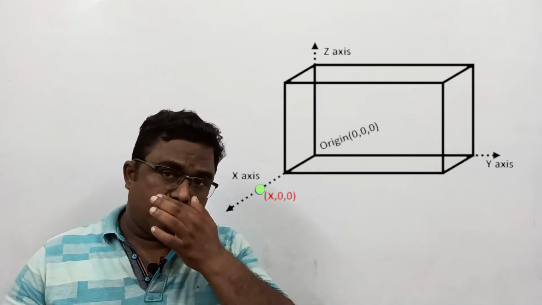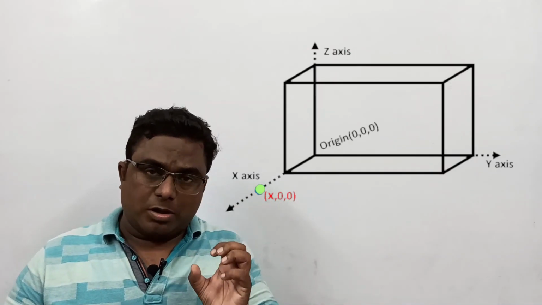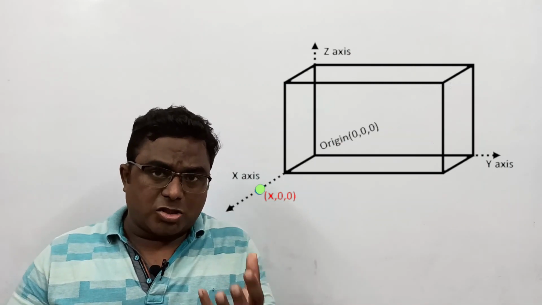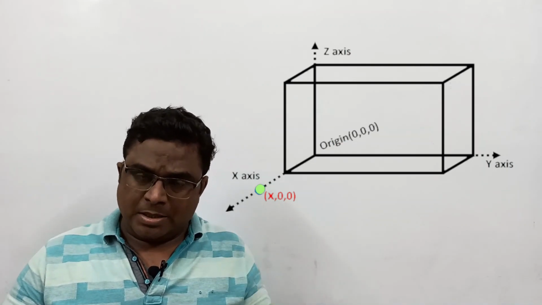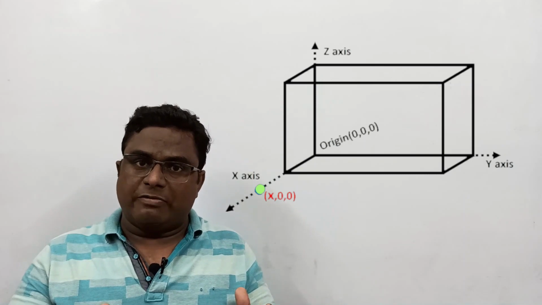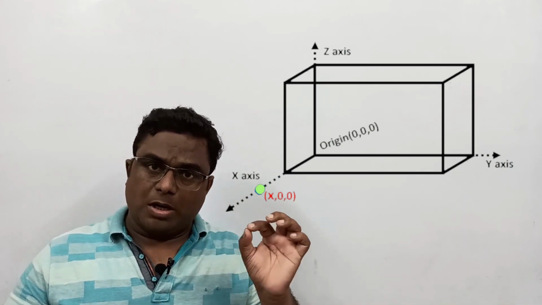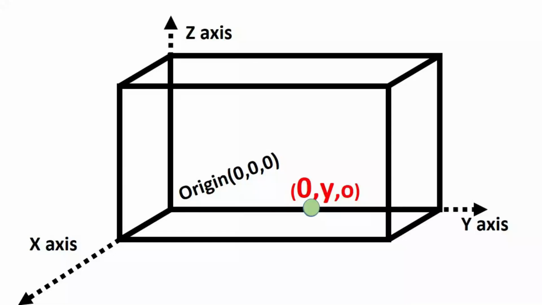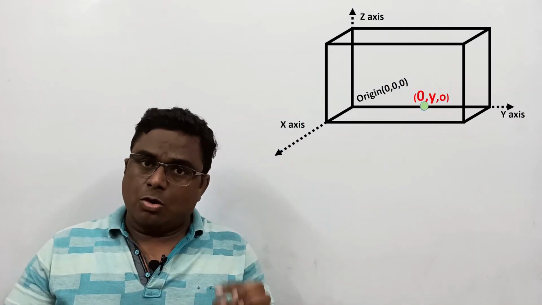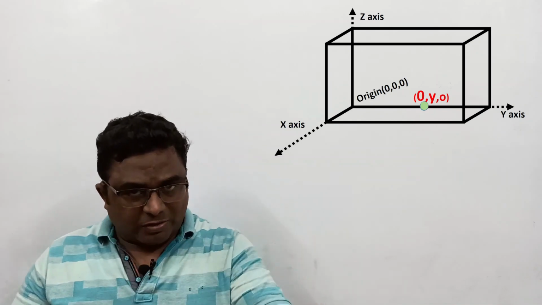It means the coordinates of a point on x-axis will be in the format (x, 0, 0) inside the round bracket. Now point number 2, if you take a point on y-axis, then the format of that point will be (0, y, 0). It means on y-axis the x value is always 0 and z value is always 0.